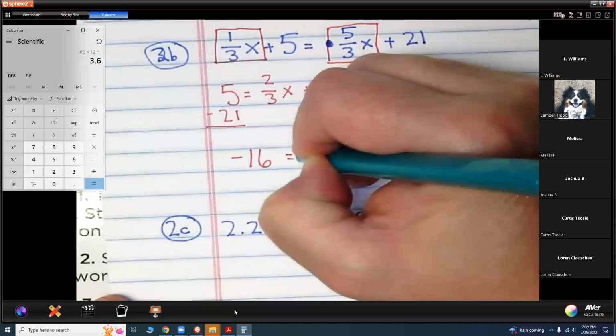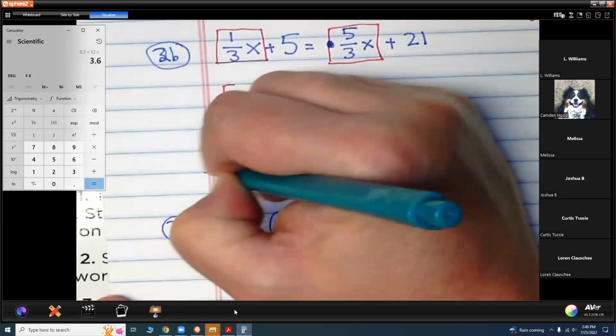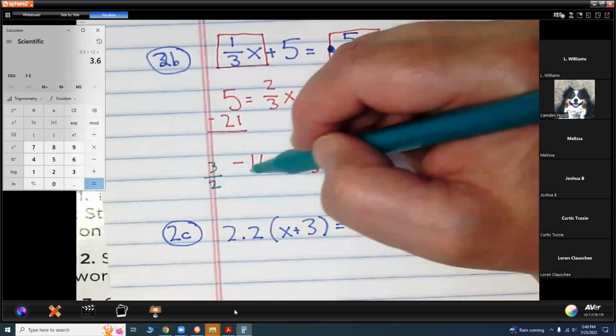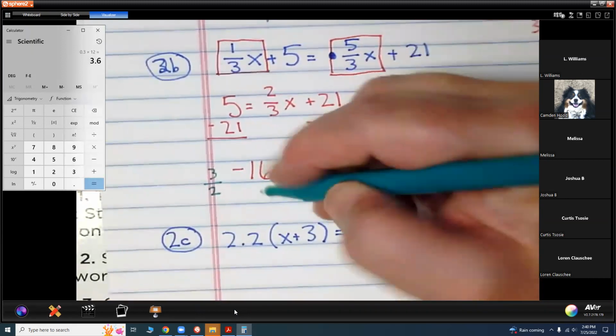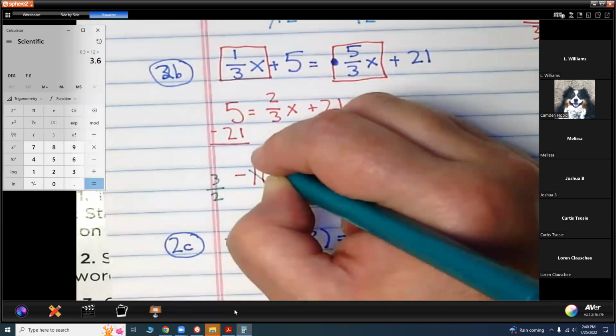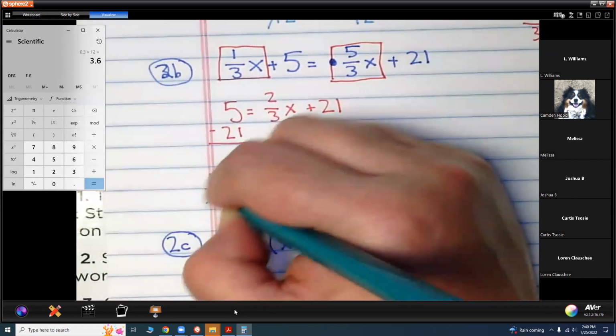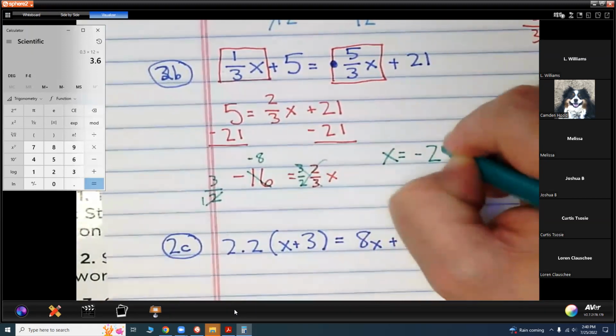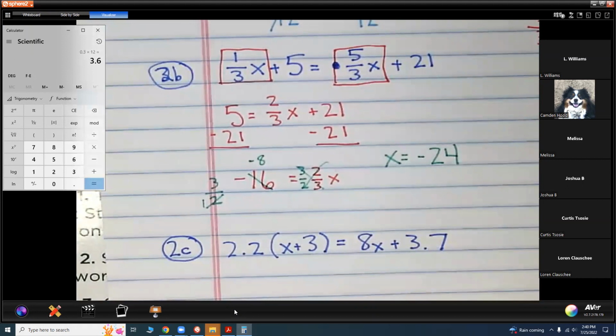So 3/2. I can take a 2 out of here and a 2 out of here. These cancel. So x equals -24. You guys get that one? Does it make sense at least, hopefully?